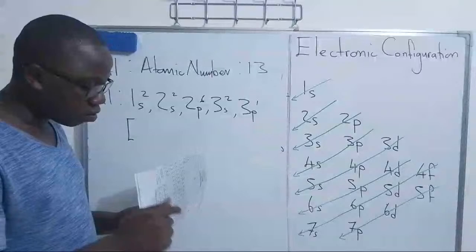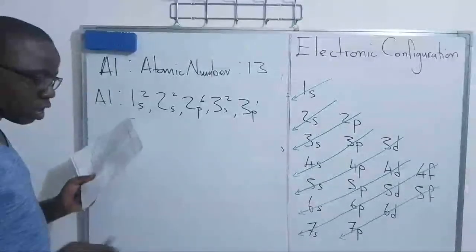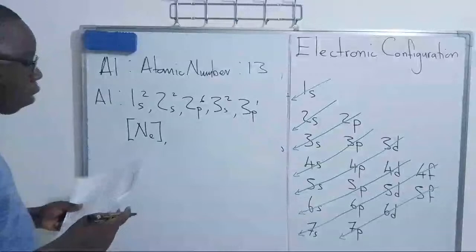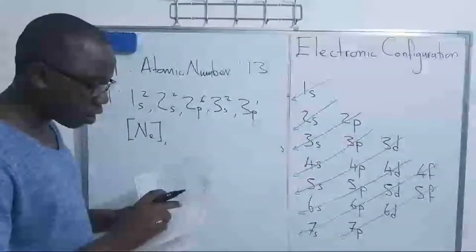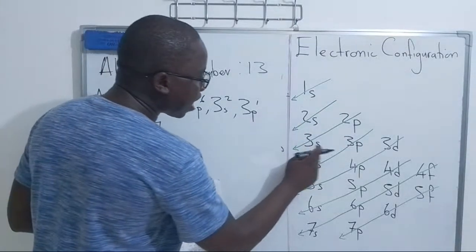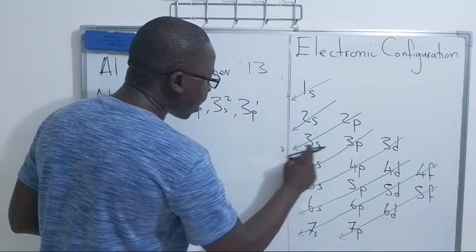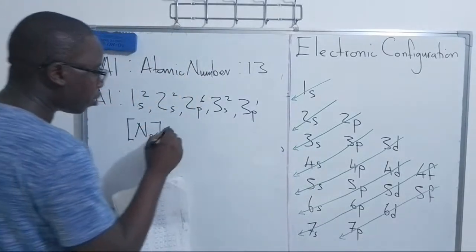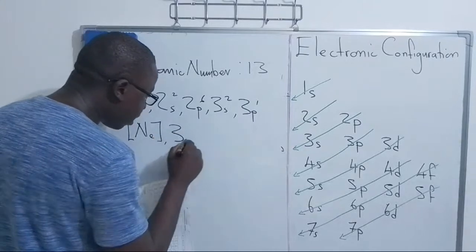The noble gas in period 2 is neon. So you put neon there. Then after you put neon, you say which period this element is in. This element is in period 3. So you start from 3s to write this compressed electronic configuration. So we'll start from 3s.